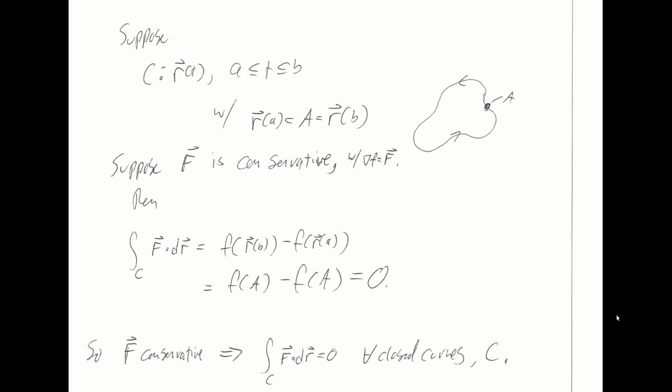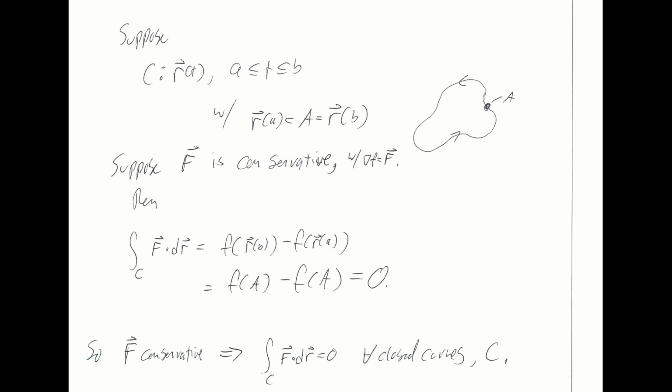Then the integral of big F hat along C, by the fundamental theorem of line integrals, allows me to write the line integral of this conservative vector field as the difference between the potential function at the two endpoints, but here the two endpoints are the same. It's just A for both of the endpoints, so we get the potential function's value at A minus the potential function's value at A, and whatever that happens to be, I get 0.